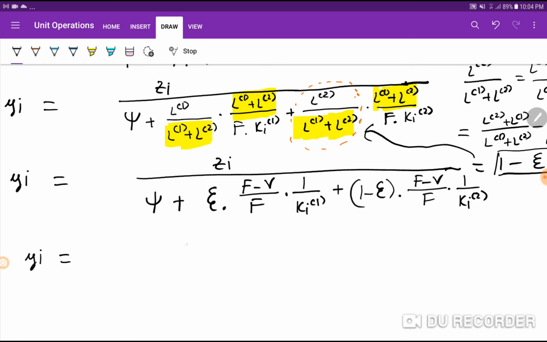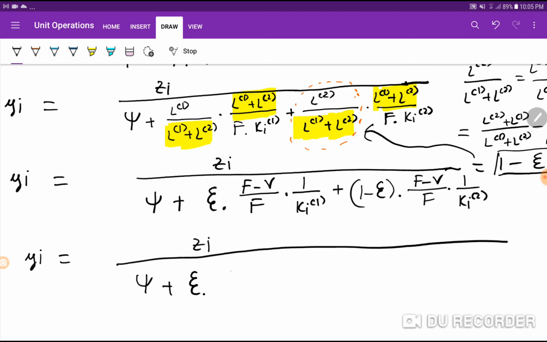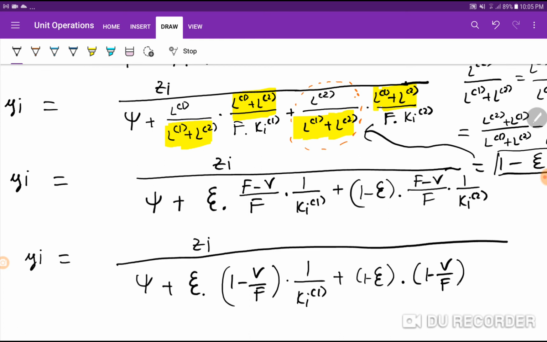So yi will be Zi over, oh, that was bad. Okay, psi plus epsilon times 1 minus V over F times 1 over Ki1 plus 1 minus epsilon times 1 minus V over F times 1 over Ki2.